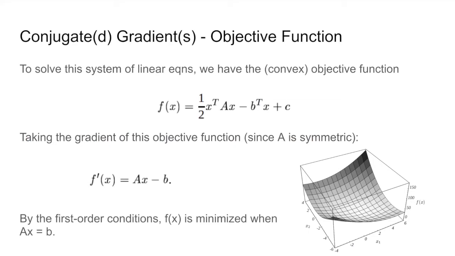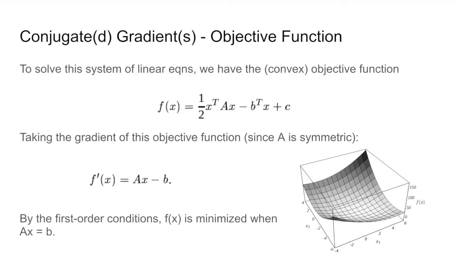To solve this system of linear equations, we can define a convex quadratic objective function here. Taking the first derivative of this function, since A is symmetric, we get the first derivative Ax minus b.